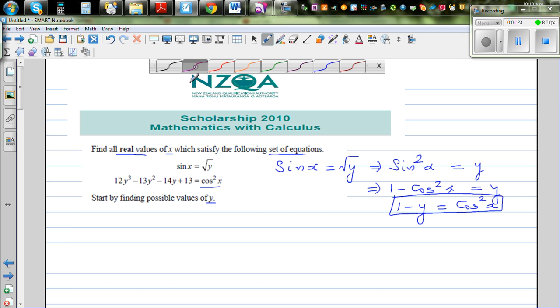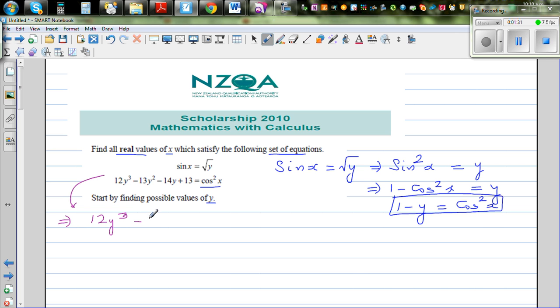So this can be written as 12y cubed minus 13y squared minus 14y plus 13 is equal to 1 minus y.